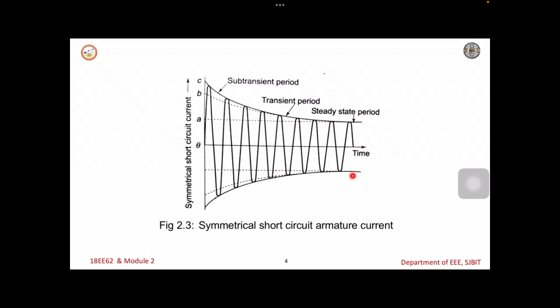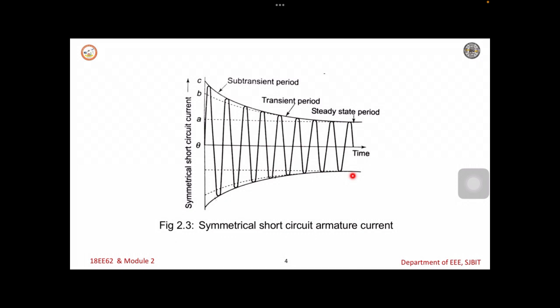If you analyze this wave shape, in the absence of the offset DC component, the symmetrical short circuit current looks as shown in figure 2.3.